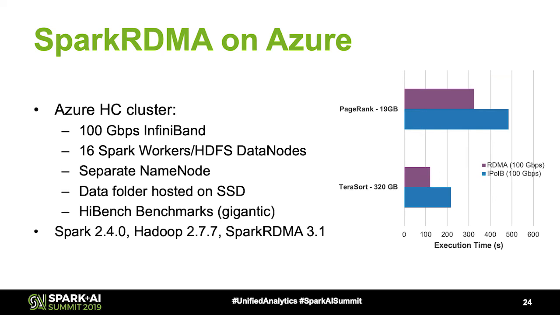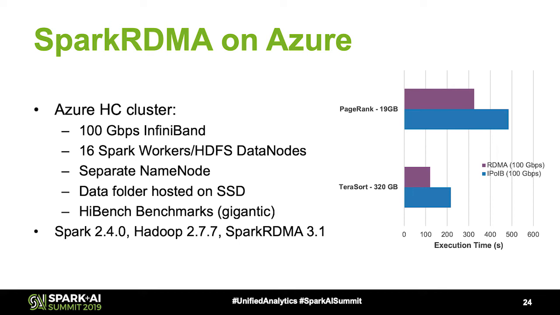And SparkRDMA on Azure. These are taken on the new HC cluster. So again, the setup is similar, but here we took a much larger experiment setup. These are 16 data nodes, whereas the previous one was 8 nodes. And here we can see that the numbers got even better on this side.